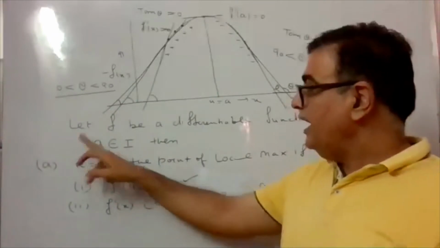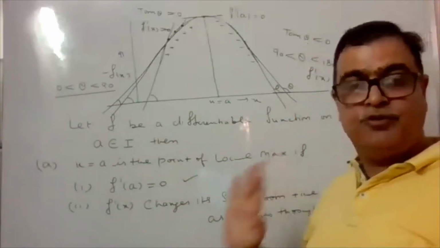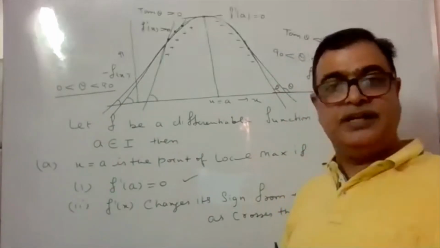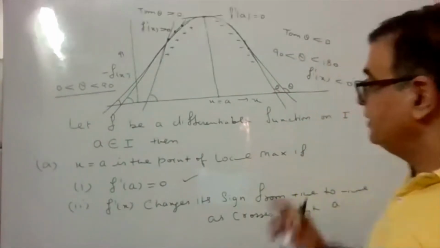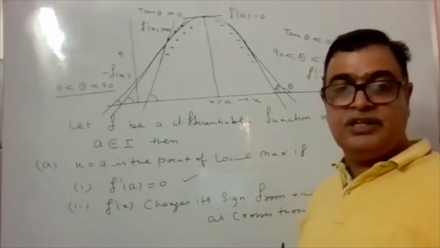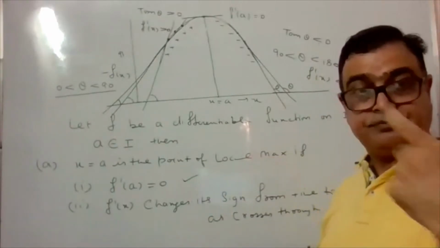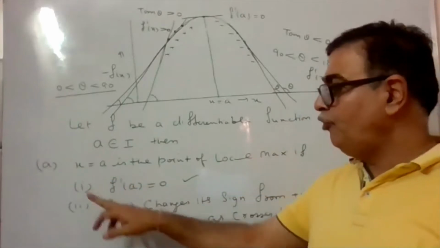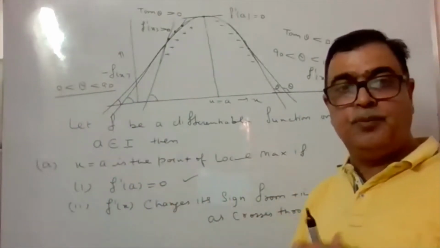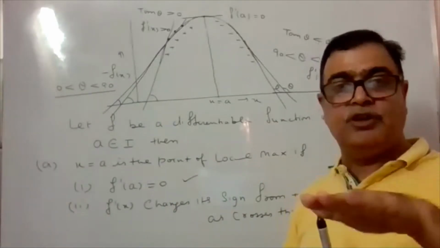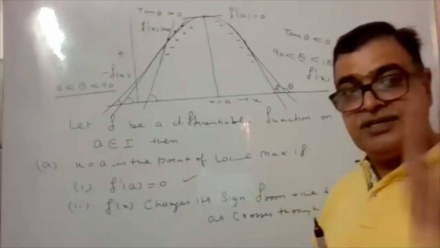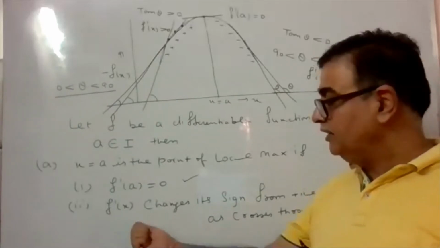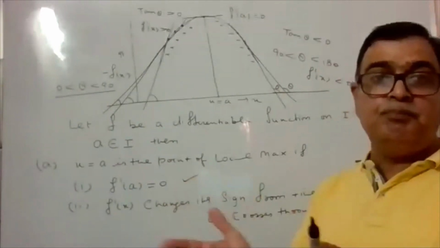So here f is a differentiable function. Differentiable means automatically it will be continuous in the interval. So we are taking a continuous and differentiable function. There is some point in the interval, and that point will be called a local maximum if this condition holds: if you draw the tangent at this point, it will be parallel to the x-axis. The second condition I told is that f dash x should change its sign from positive to negative.